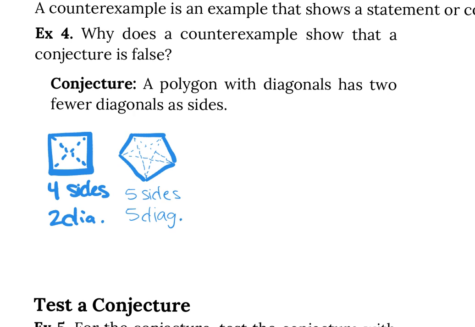Okay, well, I can already see that I'm proving this conjecture wrong because a 5-sided object has 5 diagonals and not 3 diagonals like our conjecture is trying to prove. But let's go ahead and do one more. Let's do 6-sided. Okay, and then we'll do our diagonals.